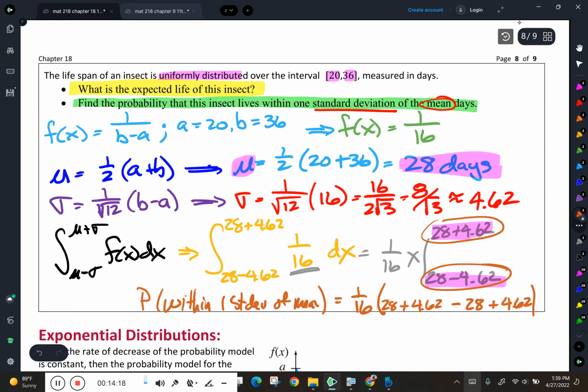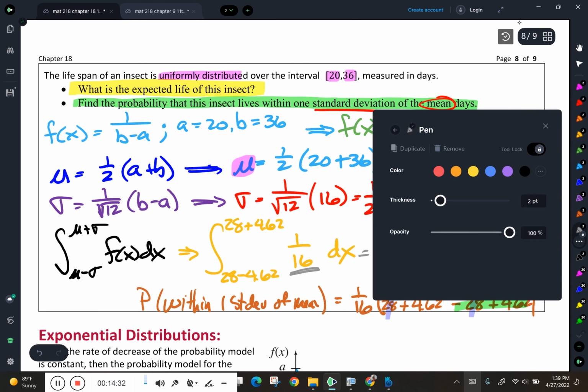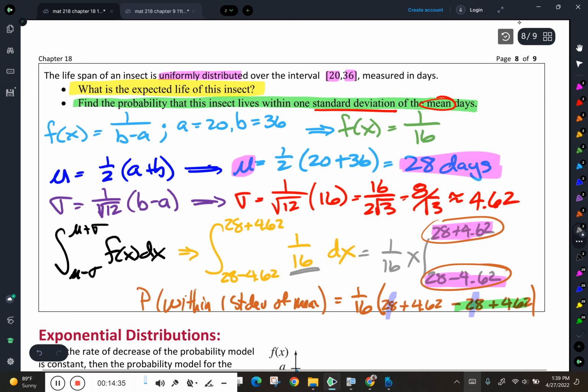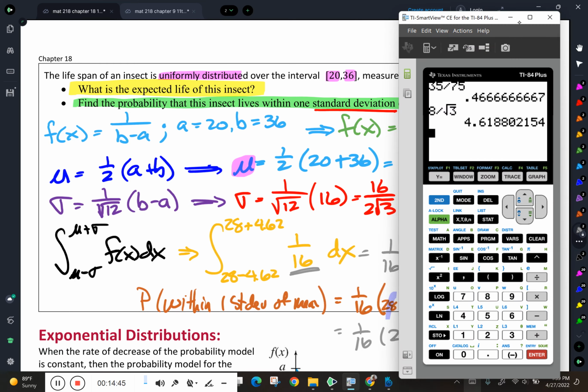Now, if you're thinking I made a mistake there, I distributed the negative into both terms. So the 28 that was positive became negative, and the 4.62 that was negative became positive. And now I'm hoping that you're seeing why I was being lazy. I just get that that works out to be 1/16 times 2 times 4.62, or I'll toss that in the calculator.